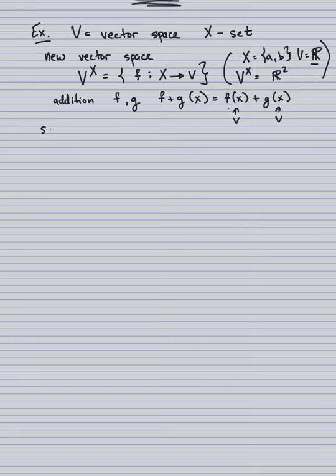Similarly for scalar multiplication, if I want to define (alpha f) of x, f of x is in V, so I know how to scalar multiply there. So I just get alpha times f of x.